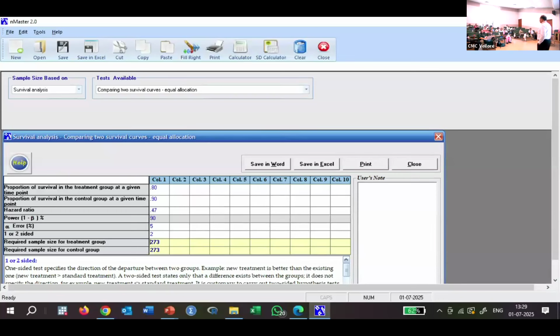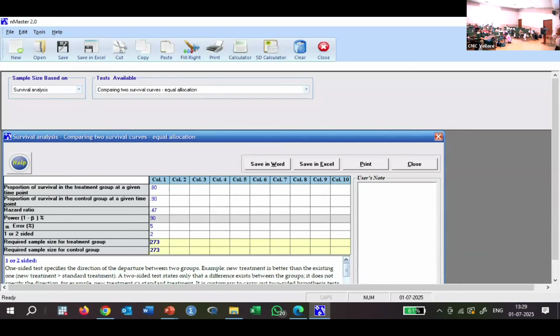Treatment 1 and treatment 2. This is time. This is hazard ratio. The proportionality assumption says that at any point in time, you take the hazard ratio of the 2 interventions. Say for an example here, this is 2. You take the ratio here.